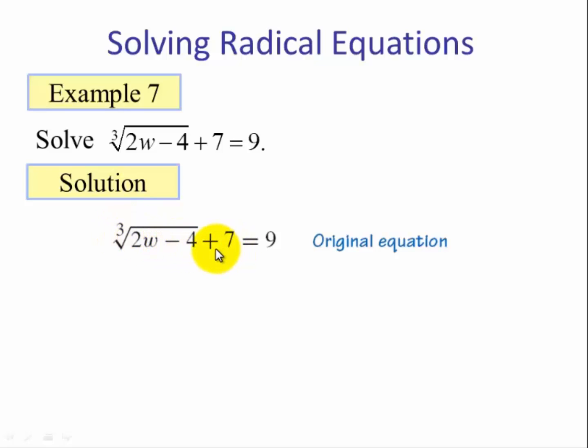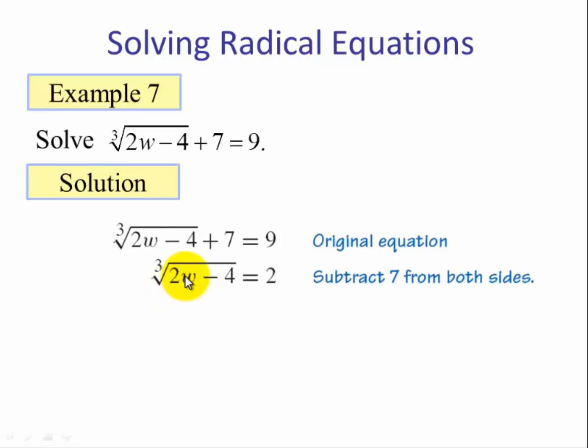But before we do that, we have to subtract 7 from both sides of the equal sign. Now the cube root is isolated. We raise both sides of the equation to a power of 3. This power of 3 will cancel out this index of 3, and 2 cubed is 8.